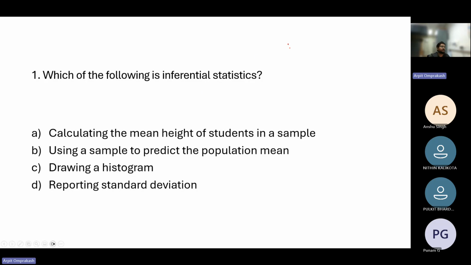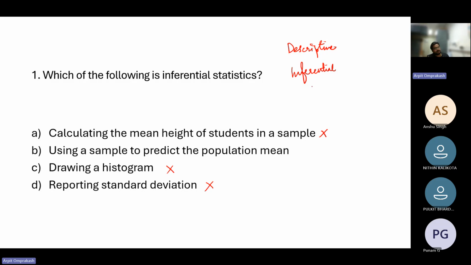One was descriptive statistics. The other one was inferential. In descriptive statistics, we basically describe things. For example, calculating the mean, drawing a histogram to describe the data, or reporting the standard deviation. So these are all descriptive statistics.